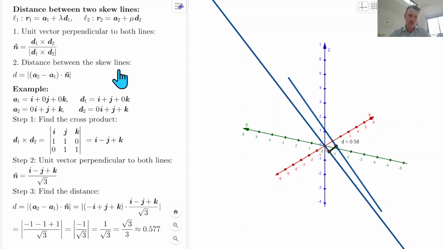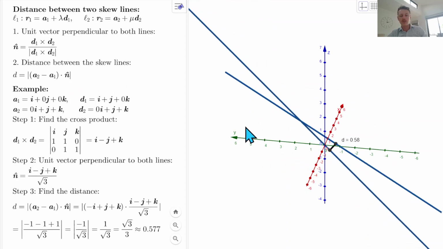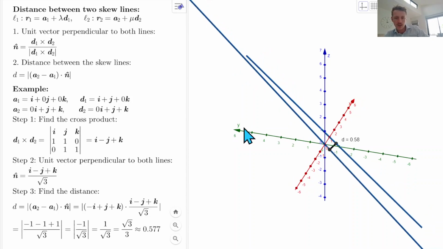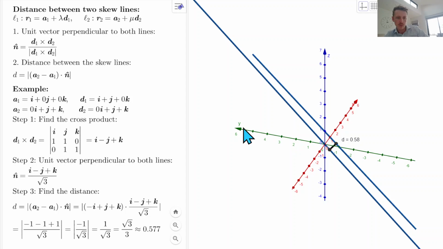And then the distance between the skew lines is given by this, the position vector of R2 minus position vector of R1 dotted with the unit vector n. I realize I'm not giving a very in-depth explanation of why that's the case. I can put a link below to explain in more detail why that's true. But let's look at an example of the application of that.